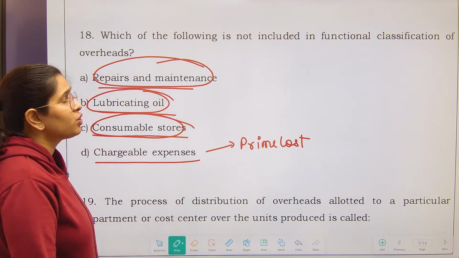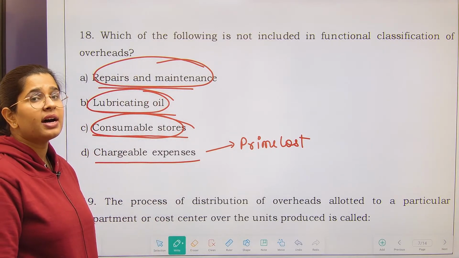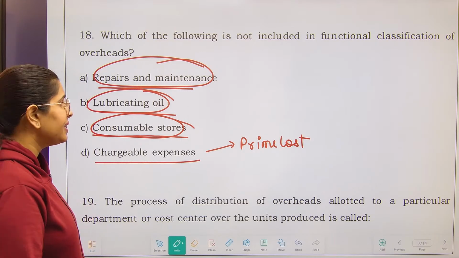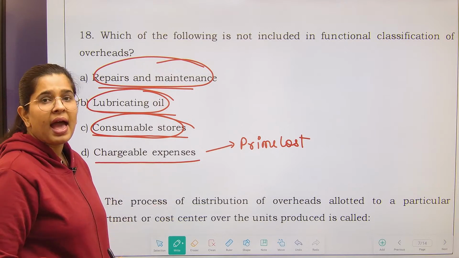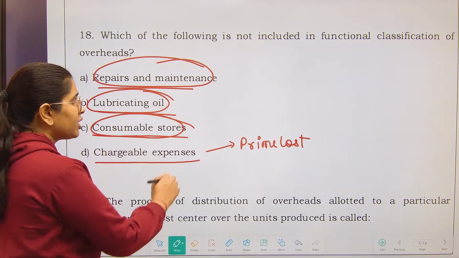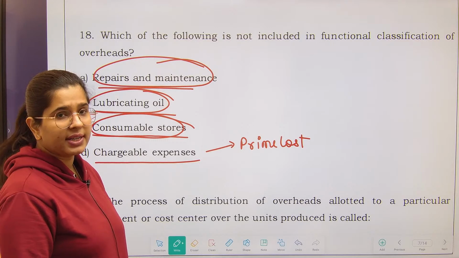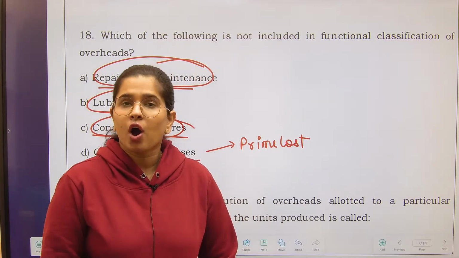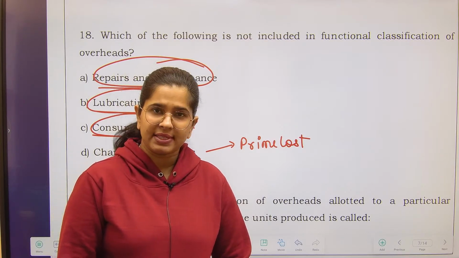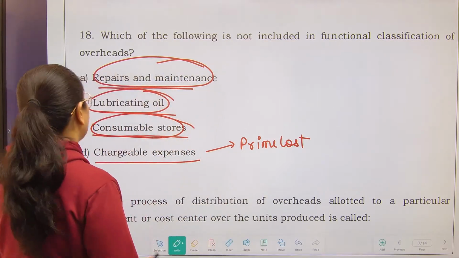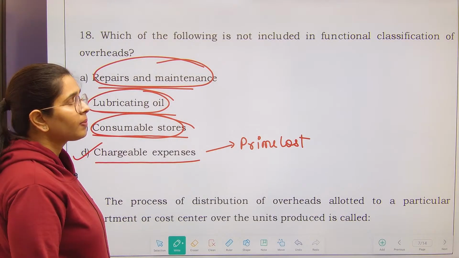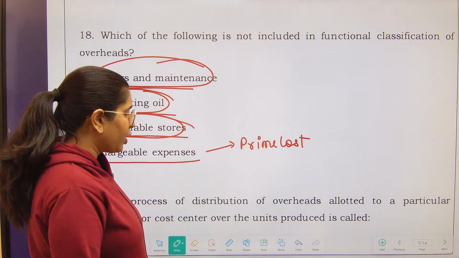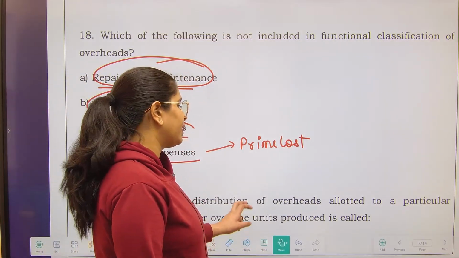Same your consumable stores, lubricating oil, all these are assisting in the production. These are not directly related. Hence, I can call all of them as overheads. But chargeable expenses, they can be related to direct material, direct labor or direct expenses, or they can be indirect expenses as well. So this particular thing is not included in the functional classification of overheads because the clarity is not being provided over here.